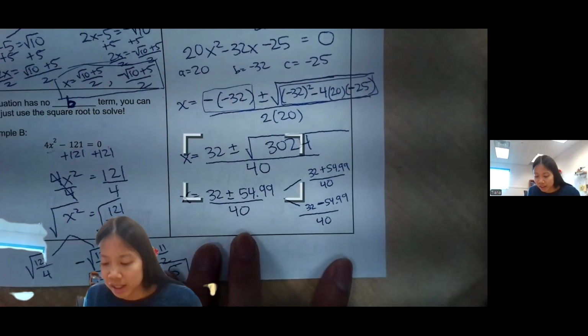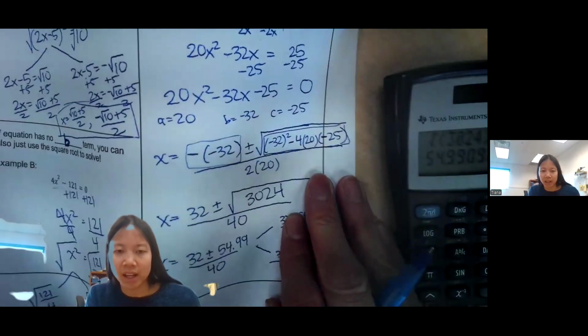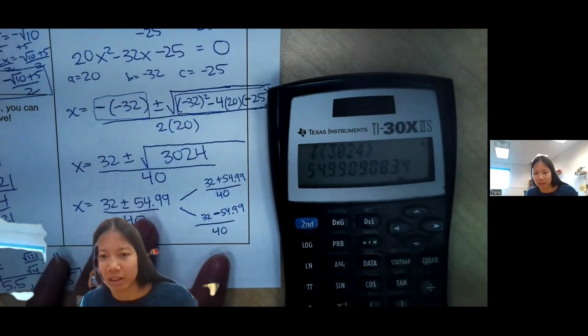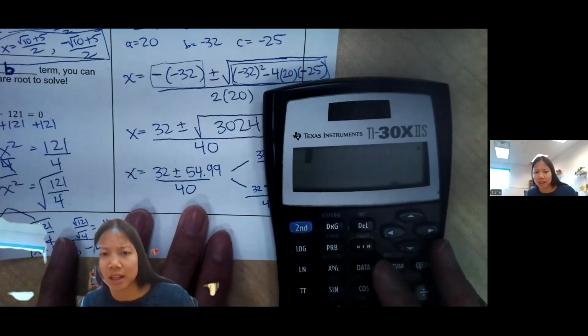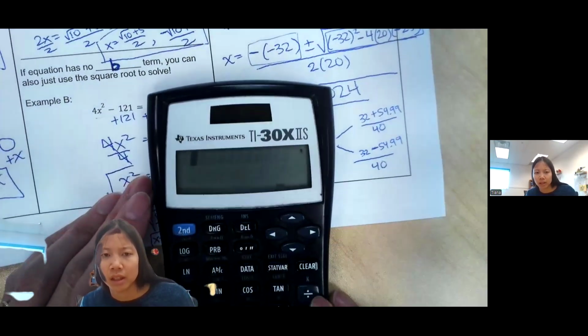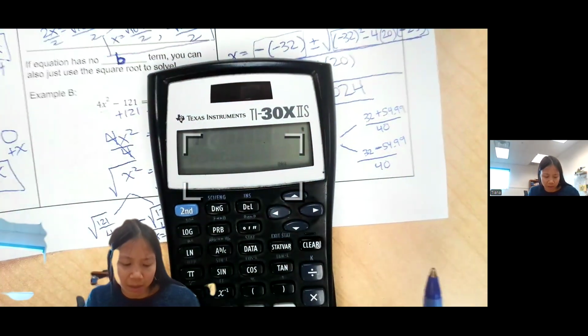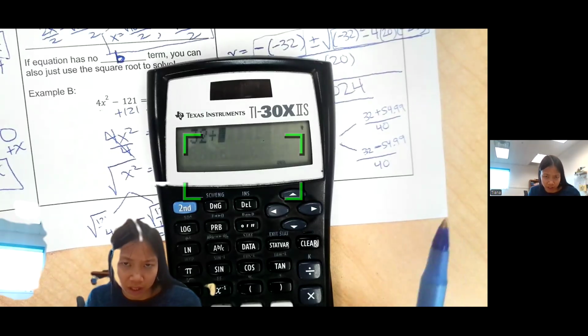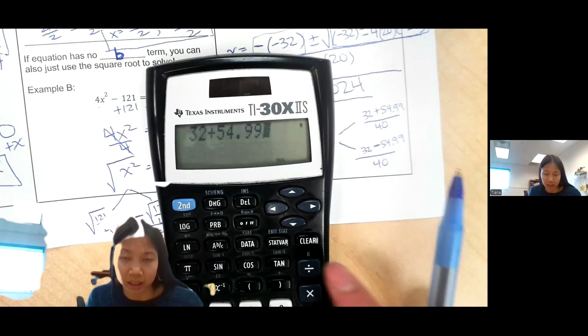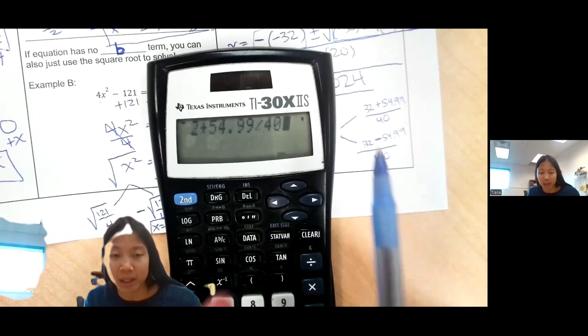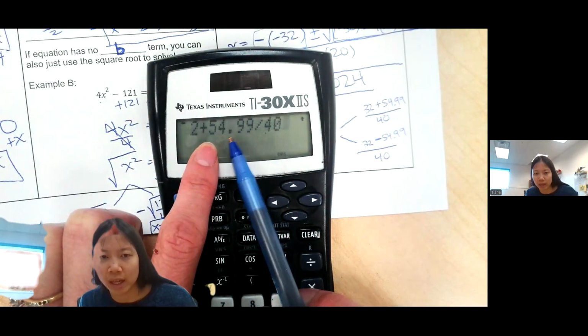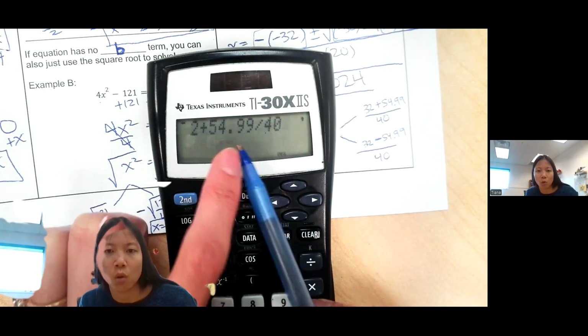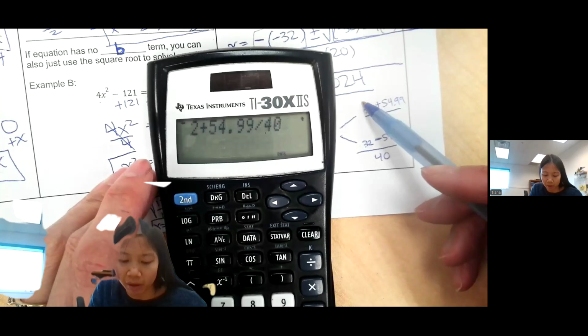So now that I have these, I just got to type this in to simplify it. Remember, when we're typing this in on our calculator, we can't just type it in like 32 plus 54.99 and then hit divide 40, because my calculator is only going to divide that 54.99 by 40. It won't divide the whole top of my fraction by that.